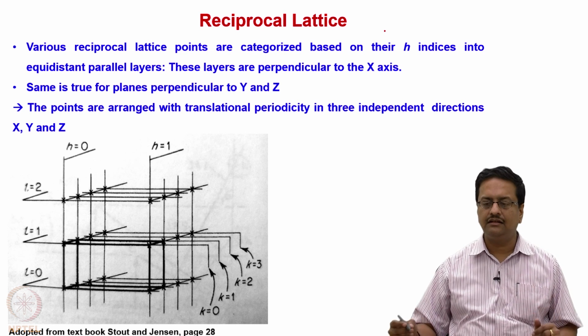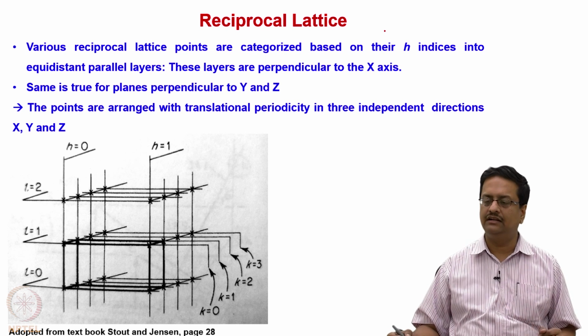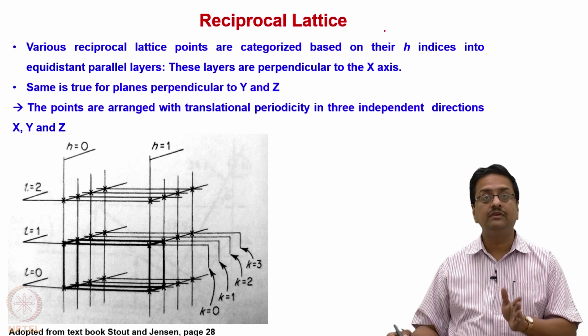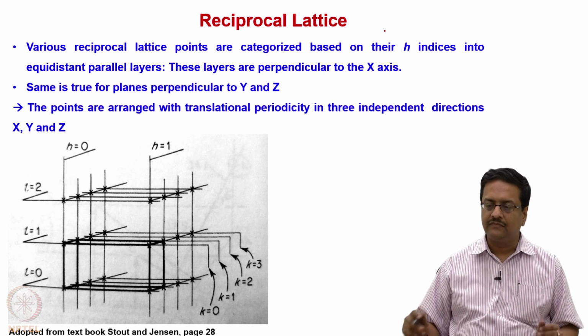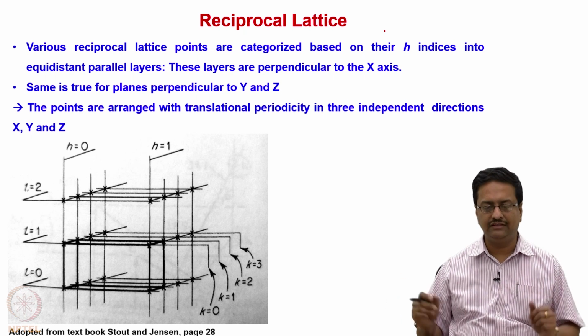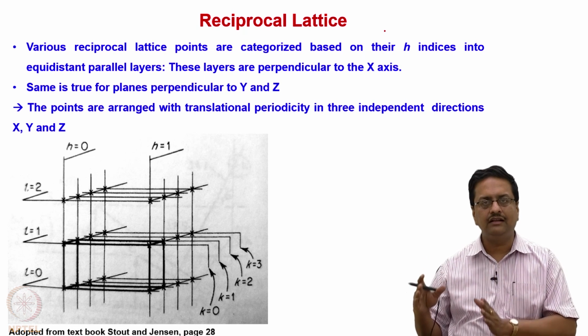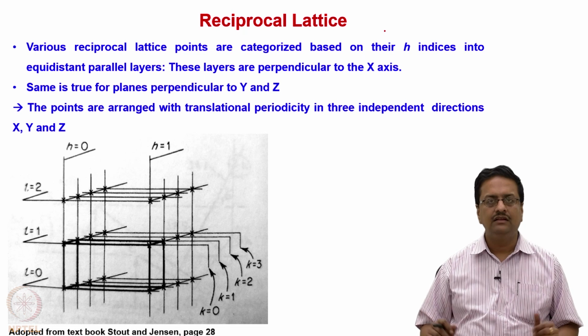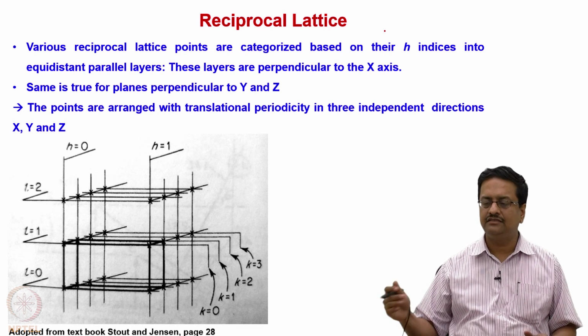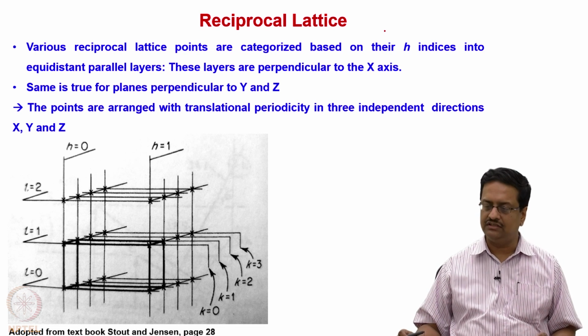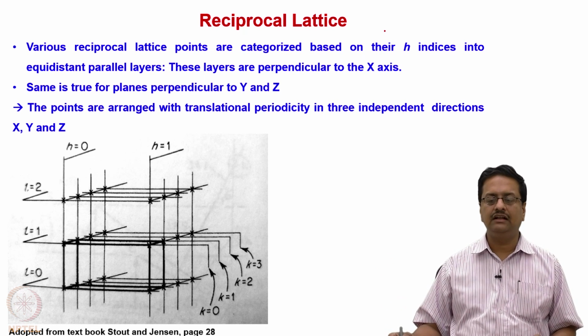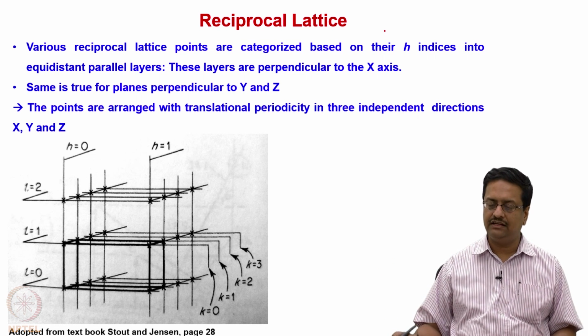Various reciprocal lattice points are categorized based on their indices into equidistant parallel layers, and these layers are perpendicular to the x-axis. We expand it along y and z, and then the points are arranged with a translational periodicity in 3 independent directions x, y and z as shown here.